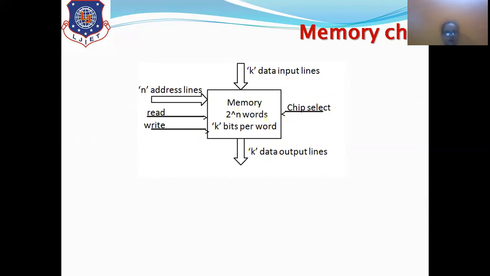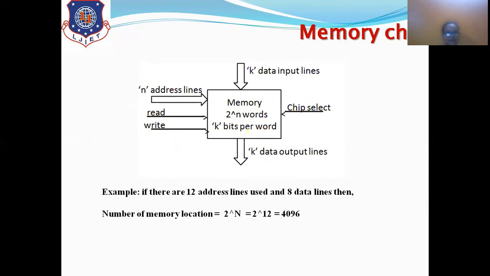Either it is a ROM or RAM, right? If it is a ROM, the write signal will not be possible. And if it is a RAM chip, then it will have both read and write, right? So let's take an example: if 12 address lines are used and 8 data lines, then the number of memory locations will be 2 raised to 12, so it will be 4096 bytes, which is called 4 KB memory.